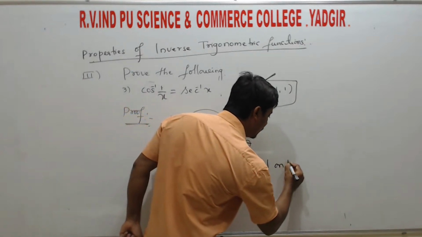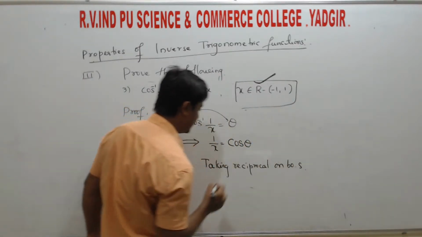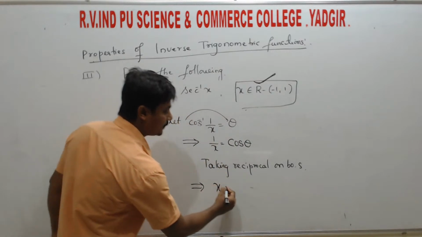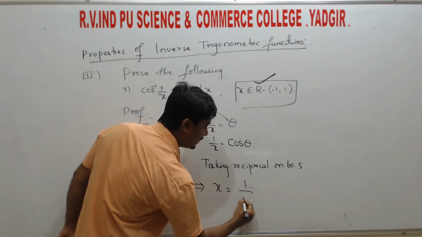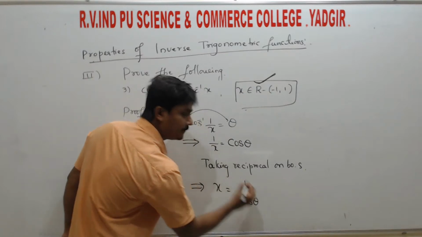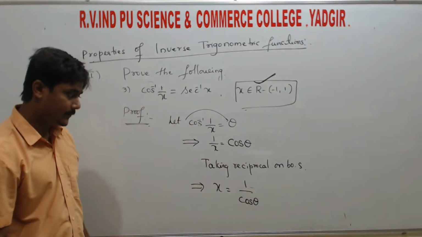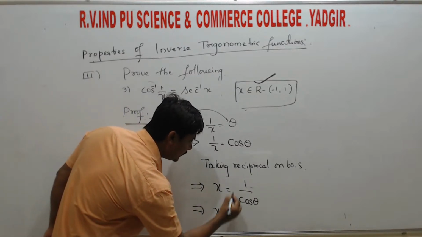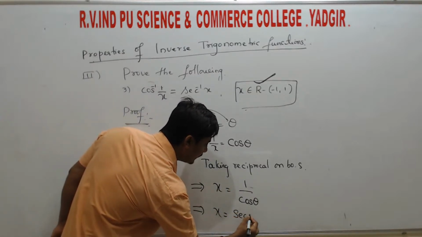The reciprocal of 1 by x is x. The reciprocal of cos theta is 1 divided by cos theta. Finally, x equals 1 divided by cos theta.